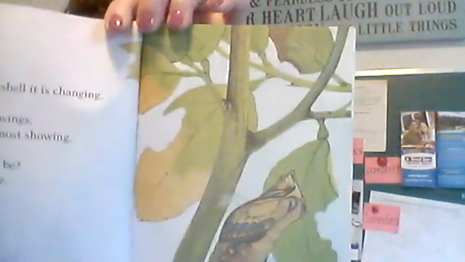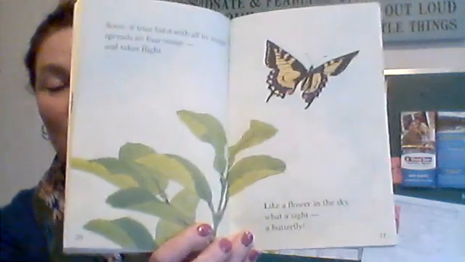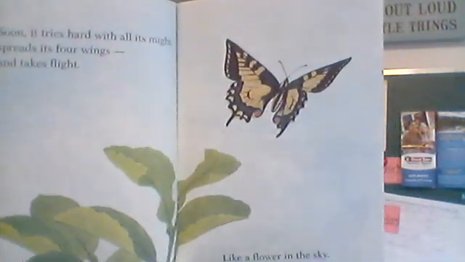Eyes, legs, wings are almost showing. What can it be? Wait and see. It's a butterfly. Its wings are wet. It has to rest. It cannot fly yet. Soon it tries hard with all its might to spread its four wings and take flight. Like a flower in the sky, what a sight! A butterfly.